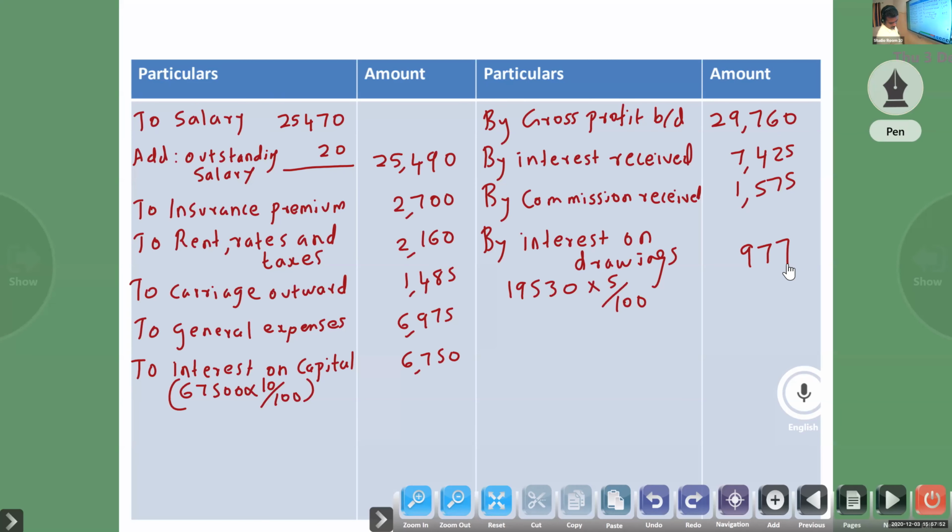Next, outstanding wages already we wrote. Outstanding salary we wrote. Next, depreciation.